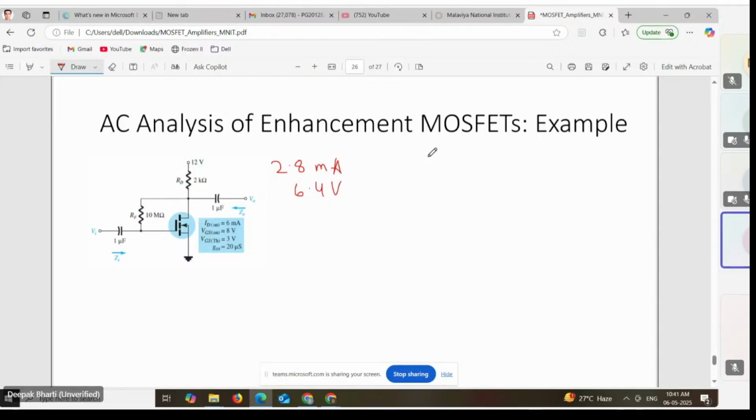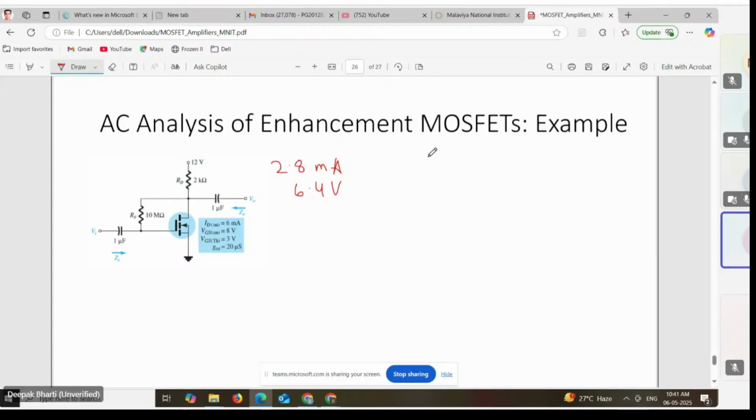I am writing these values because we had solved this problem yesterday also. But say if any particular network is given to you, first of all you have to determine its operating point by using the procedure that we had discussed yesterday. You have to write the equation of the load line, then write the current equation of the device, then solve these two equations together. A quadratic will be formed.